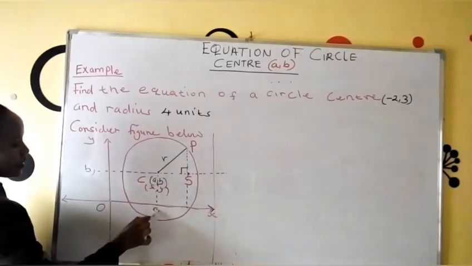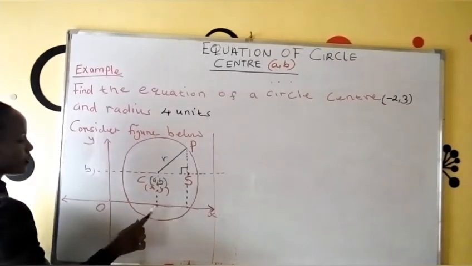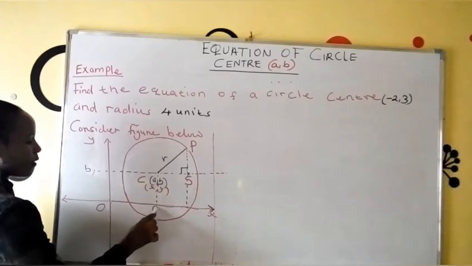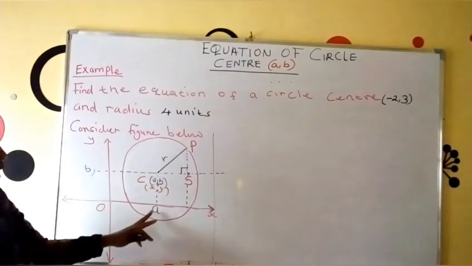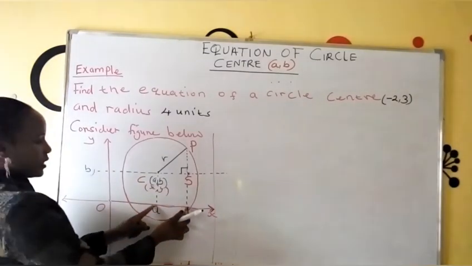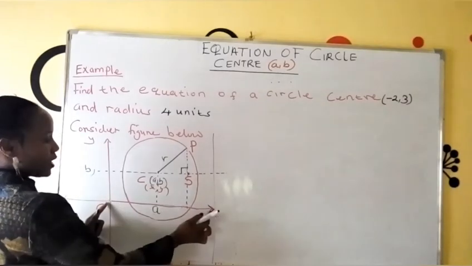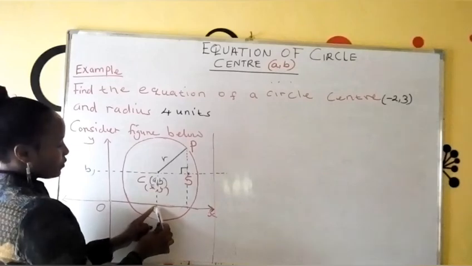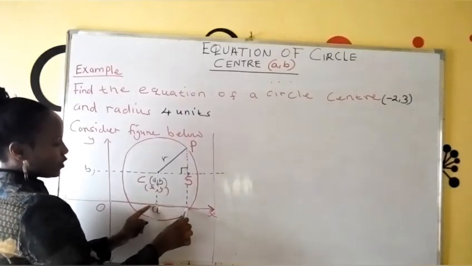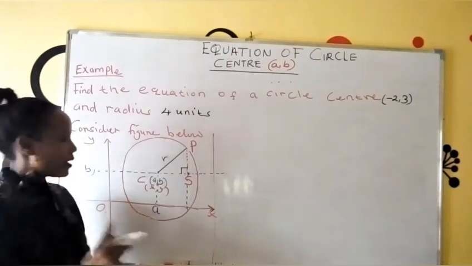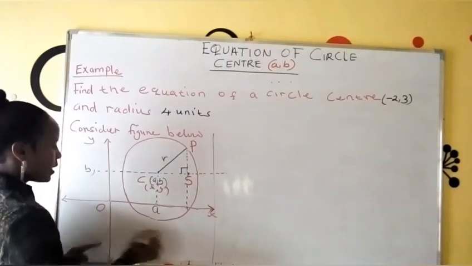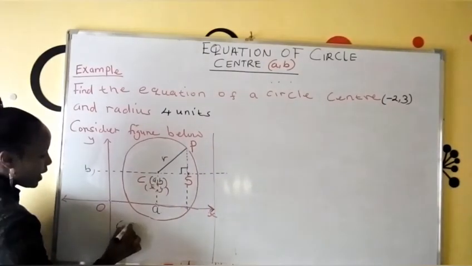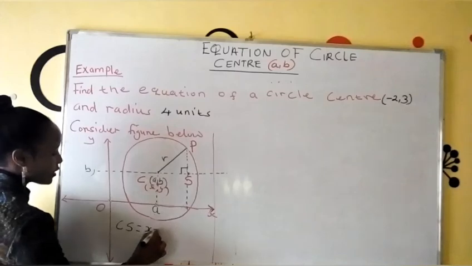Now, because from here to here is x and from here to here is a, it means this distance is x minus a. So CS is equal to x minus a.